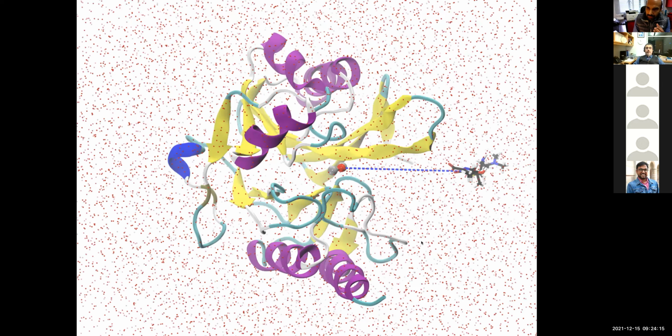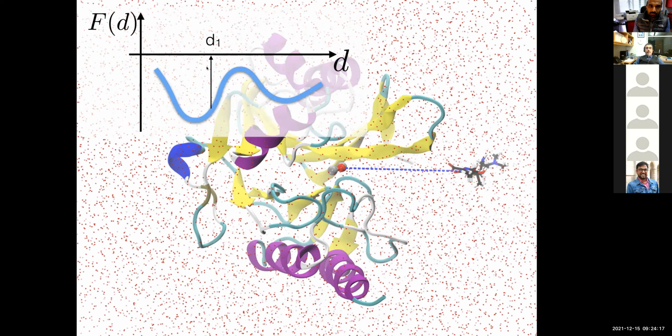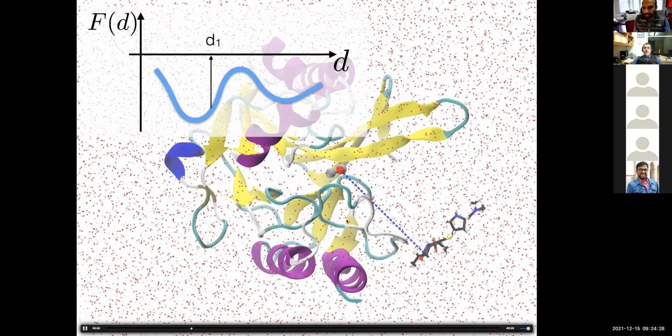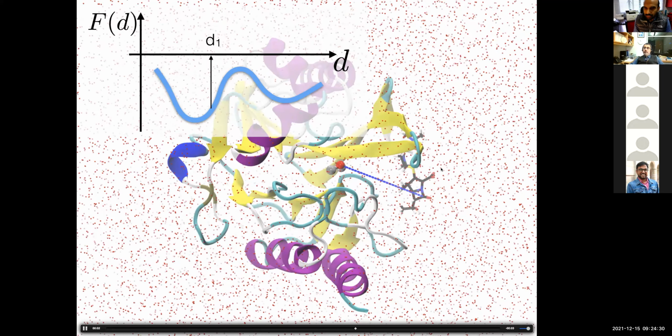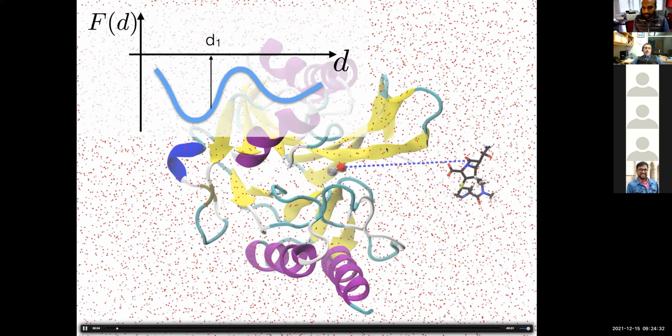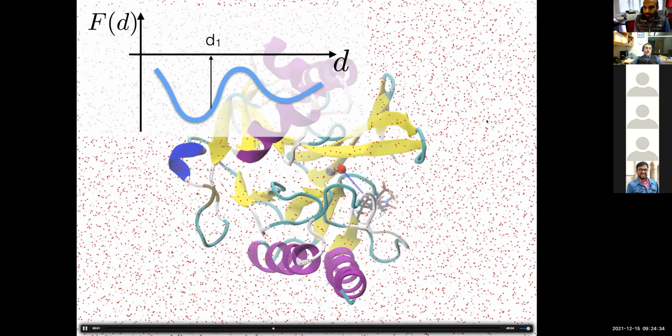If you just look at one part of such a free energy landscape, let's say the system is exploring a particular part of the collective variable space. Let's look at a realistic example here. This drug is at a given distance d from the active site, and you can see the kind of conformations it's sampling.